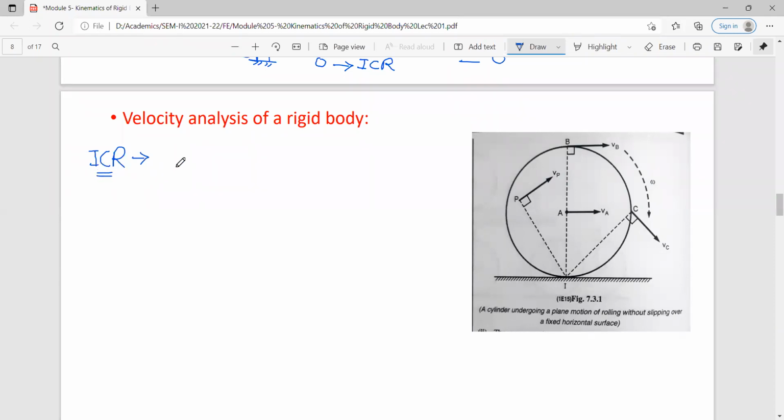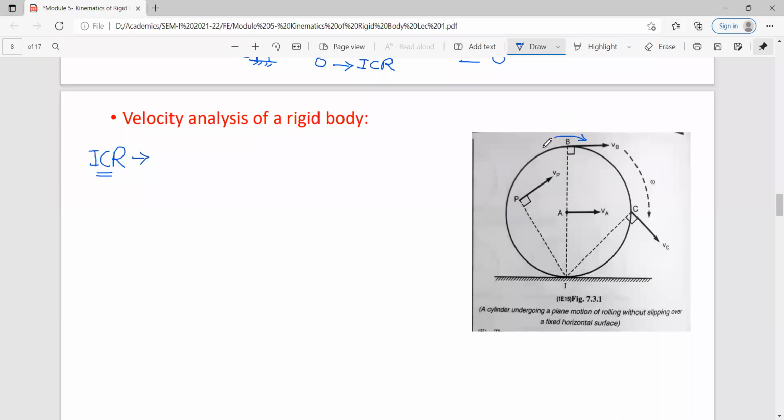So here you consider a cylinder. This is a cylinder or a disc, you can say, and this disc is rolling like this. Now, can anyone tell me where the ICR of this cylinder is?